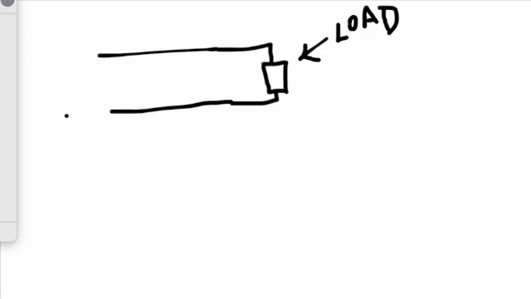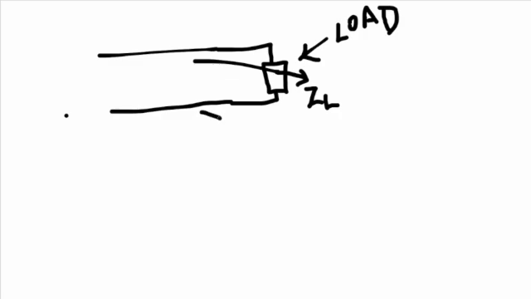So basically, if this is a load, so what will happen if this load wants to draw power from this line, then this impedance of this load, let's say we denote it by ZL, and this characteristic impedance of this line, let's say we denote it by Z0.